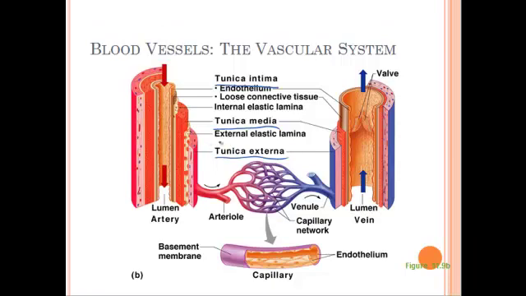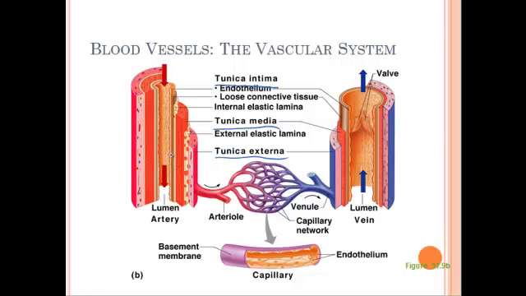You can also have some other things. So notice that there's some external elastic lamina here in the arteries. This is elastic tissue that'll help the arteries keep its shape. So the difference between the arteries and the veins is that in the arteries we have a lot of pressure. So the heart is pumping, and that pumping causes a pressure as the blood is moving out into these vessels. It's causing pressure on those vessels.